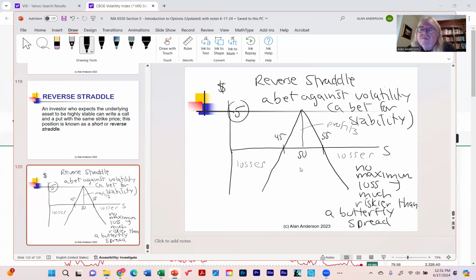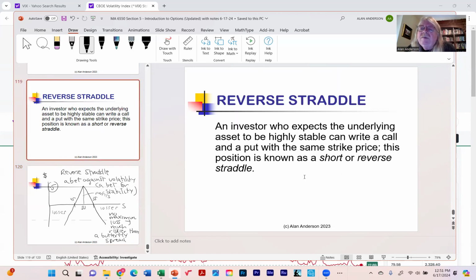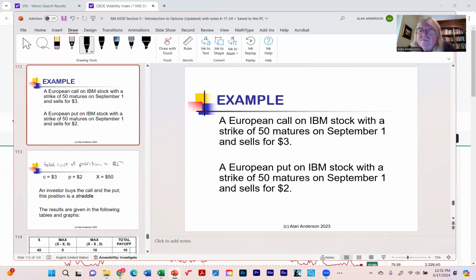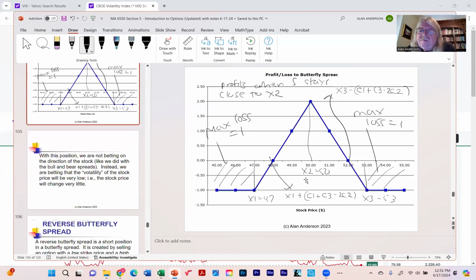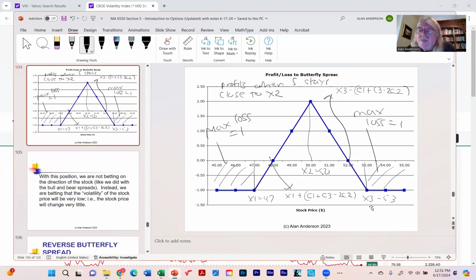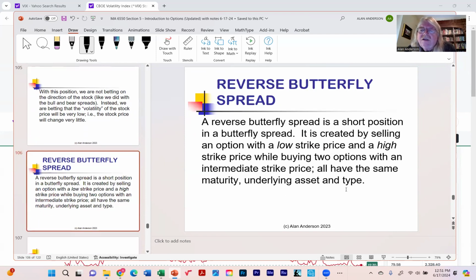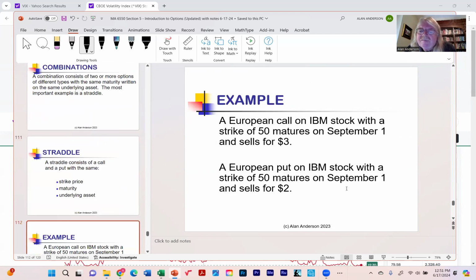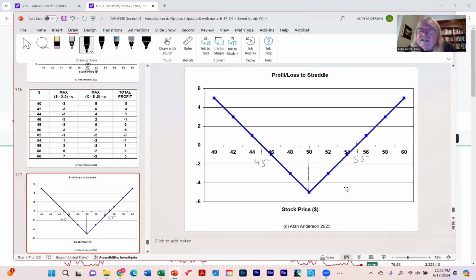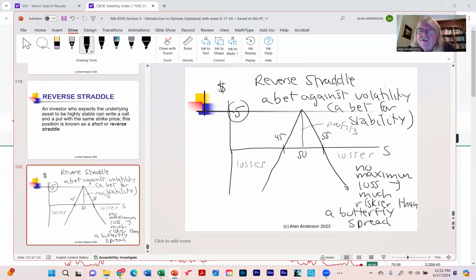Okay. Now, remember with the original butterfly spread, there's a maximum loss. It's capped at $1. So you're basically saying we hope it stays in this region, but if it goes outside, we'll lose $1. Here, we could lose our shirt if it really goes outside that range. What if the price goes up to 100?